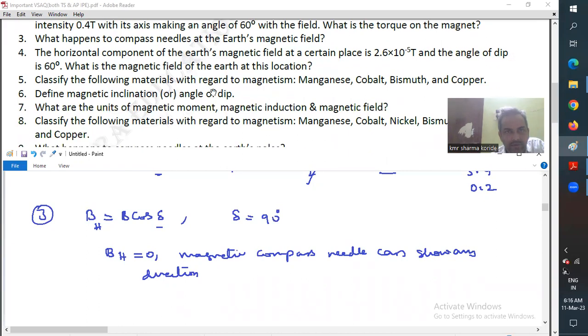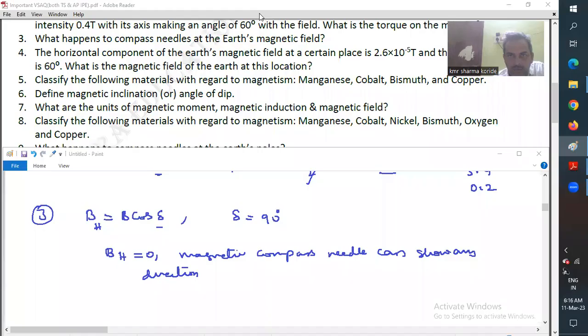Classify the following material with regard to the magnetism. The materials are manganese, cobalt, bismuth, copper. These are the materials you have to classify. Yeah, there is one more question.